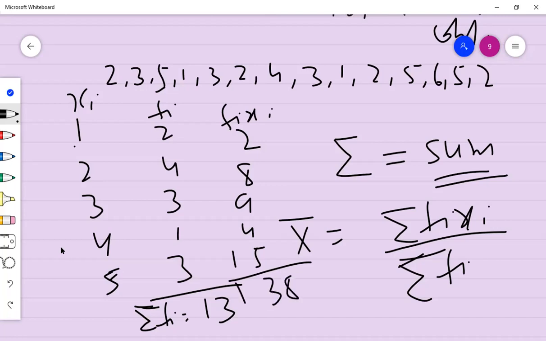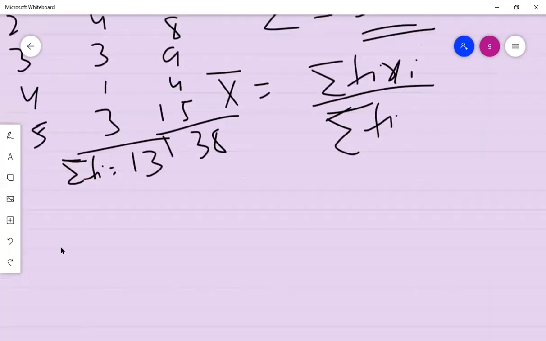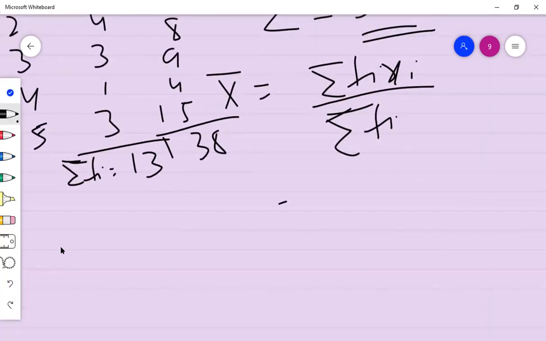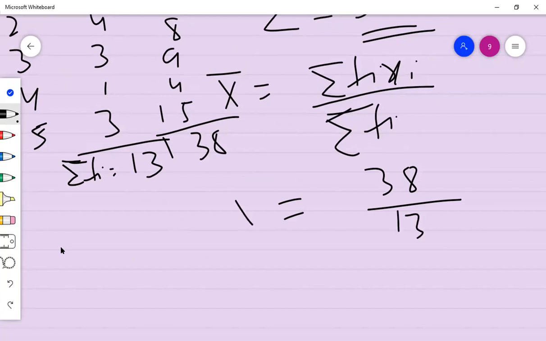In total, it is 38. So we have sigma fi xi is 38, and total number of observations is 13. So this will be the mean.